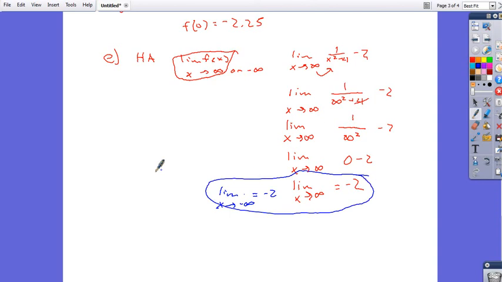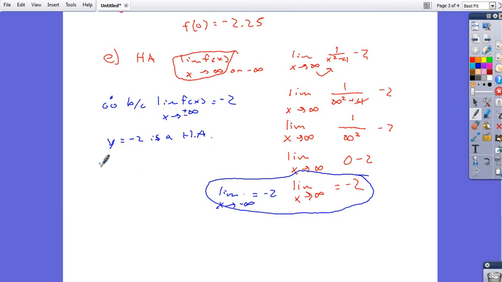Therefore, because the limit of f of x as x approaches negative and positive infinity equals negative 2, y equals negative 2 is a horizontal asymptote.